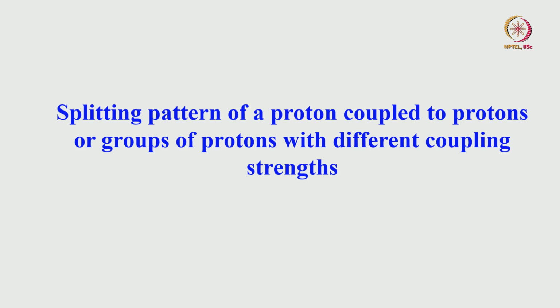We took the example of one proton coupled to two different groups. When one proton is coupled to CH2, it is a triplet. It is also coupled to another CH2, it is a triplet. Each layer of the triplet will become another triplet, which I showed as a pentet. And then similarly we saw when one is coupled to CH2, one CH3 and another CH2, we got a sextet. When one proton is coupled to two CH3, I showed it is a septet.